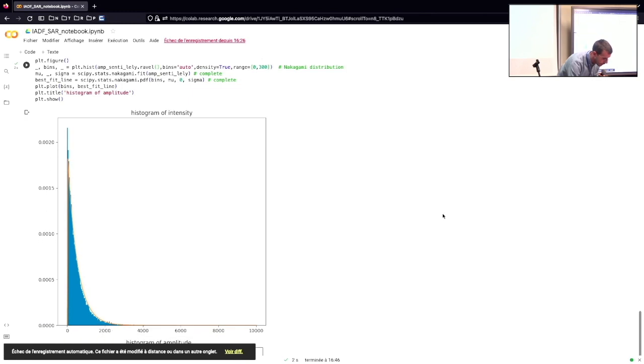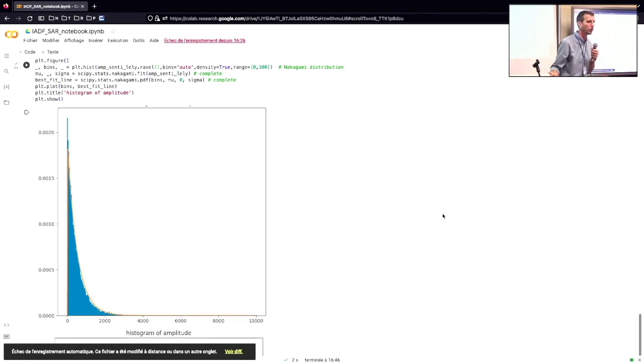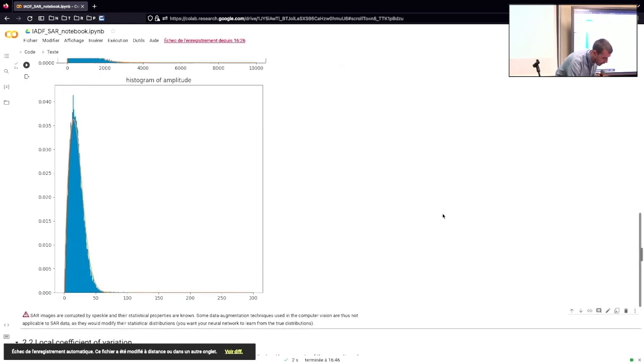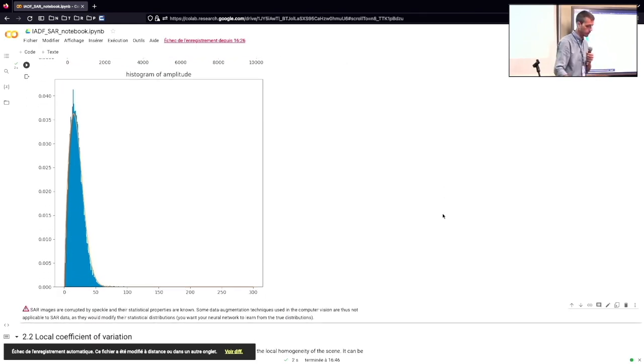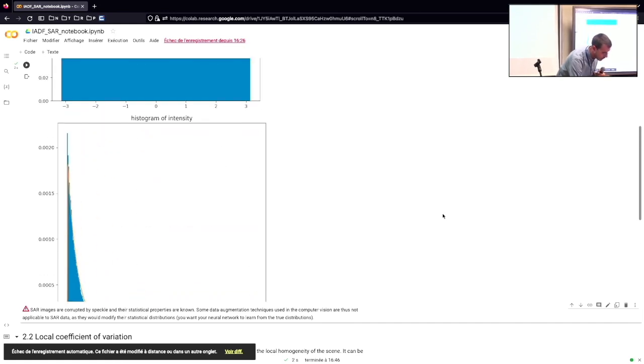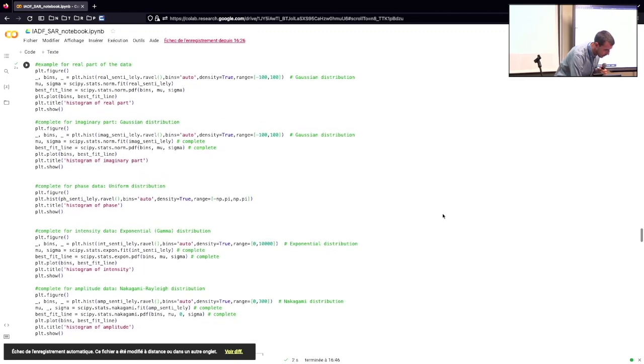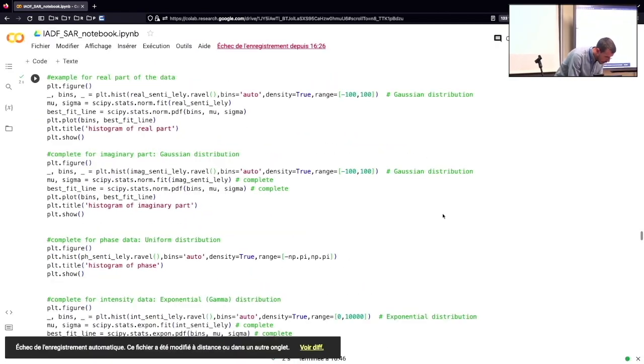And finally, we have the intensity, and we see that it follows an exponential distribution as expected. And finally, we have our amplitude, which follows the Nakagami distribution. We see that there's a good superposition between the orange theoretical line and the blue empirical histogram, which means that the distributions that are provided by Goodman fit pretty well with the data.